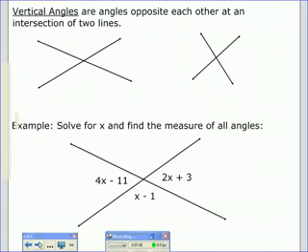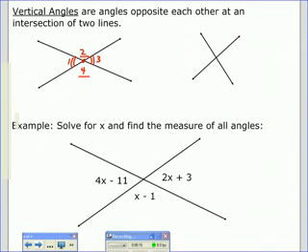The last thing I briefly want to talk about, we're going to have to use in class tomorrow, I believe, is review for you. When two lines intersect, they make an intersection with four angles in it. 1, 2, 3, 4. The ones that are across from each other, such as 2 and 4, or 1 and 3, are called vertical angles.